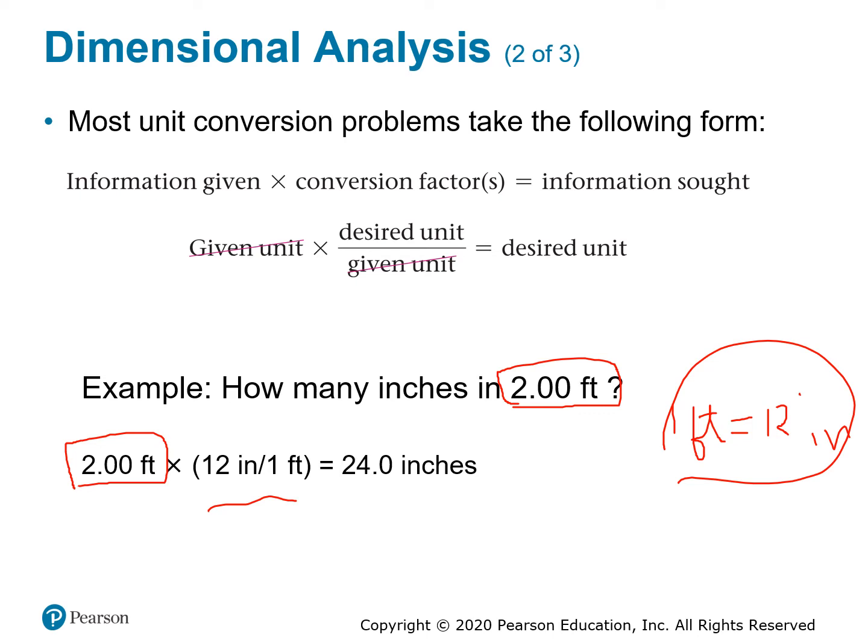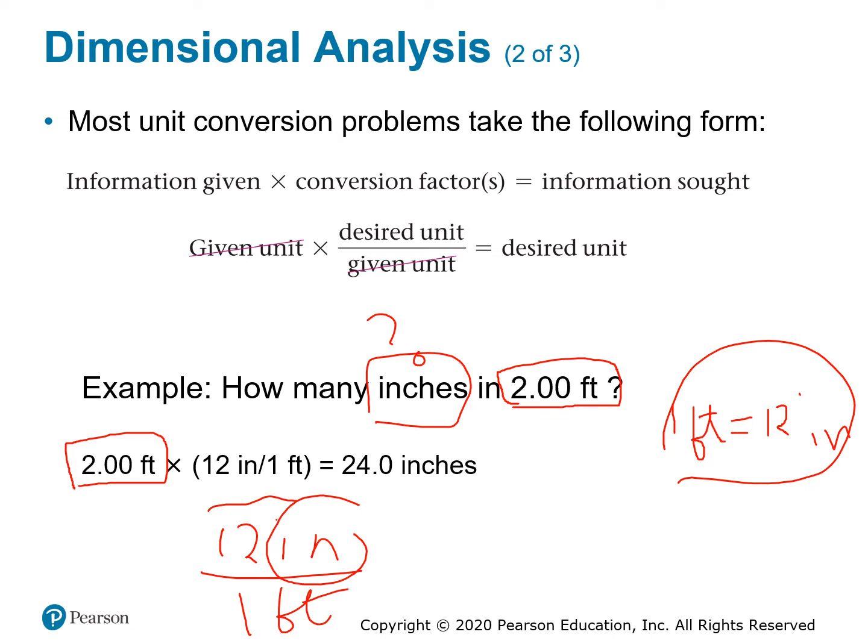So I can write 12 inches in 1 foot, because my question asked me to answer in inches, and that's the reason why I have inches on the top. Then my feet and feet units will get cancelled and I'm only left with inches. So then you multiply 2 with 12 to get your answer of 24 inches.